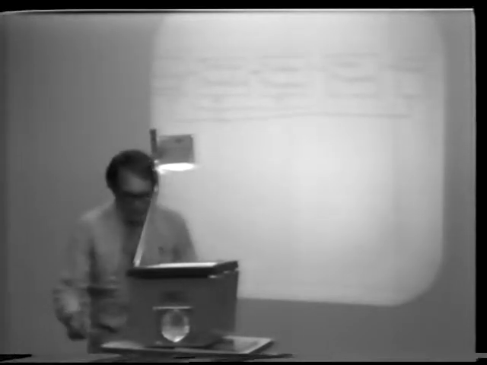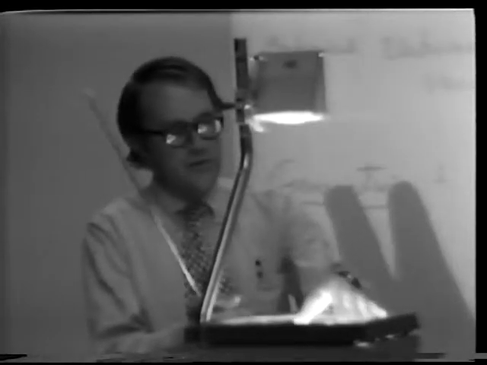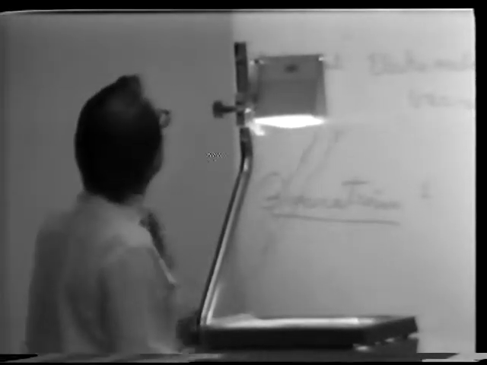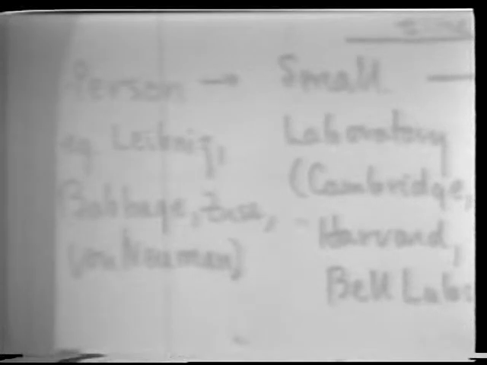Now, I also like to look at machines in terms of machine generations, in terms of how they came about over time. And we started here with, I'll call this the one-person effort, in which you look at people like Leibniz and Babbage, Zuse, and von Neumann, whose names, single people, were associated with the machine evolution, and that was all a mechanical technology.